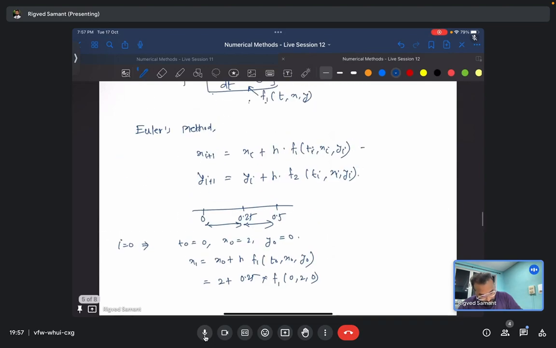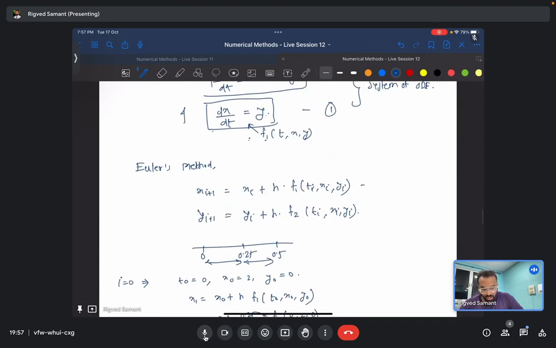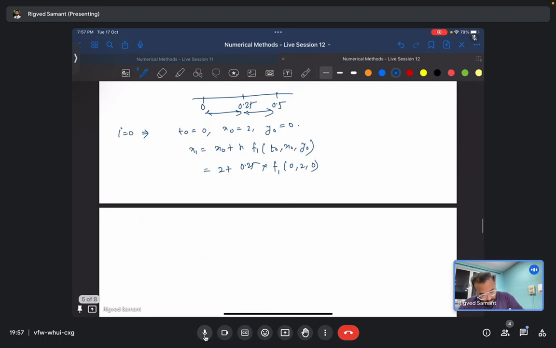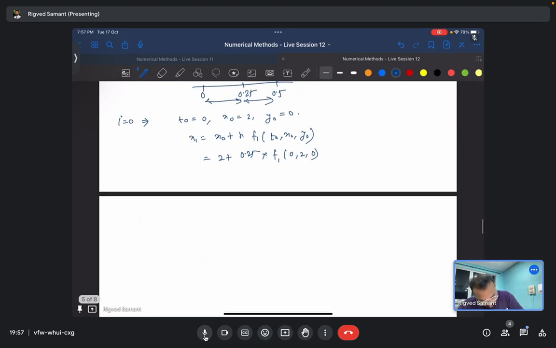Now if you see, f1 is just y, so you only have to consider 2 plus 0.25 into, this is only y, right? The function is y only, so this is into 0, which implies x1 is 2. Understood?